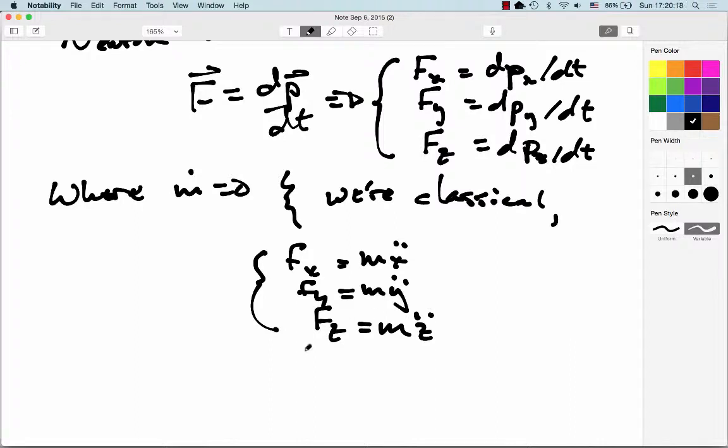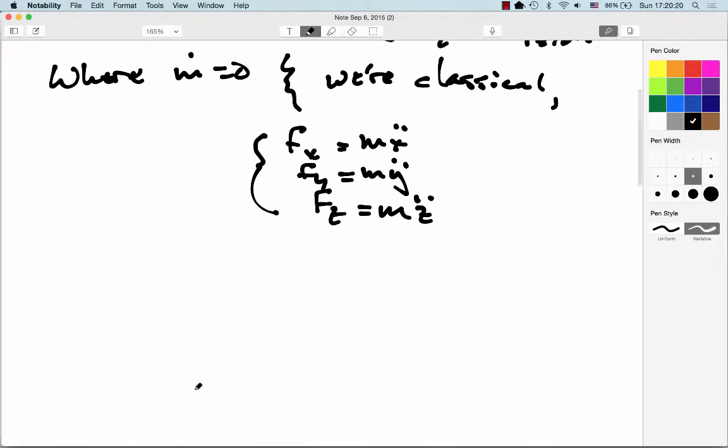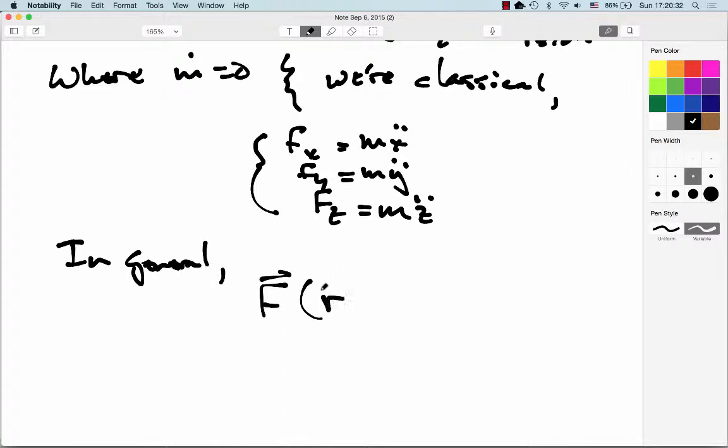Now, about the most general form that we could imagine writing a force: we could imagine writing our force as a function of position, velocity, and possibly an explicit time dependence.